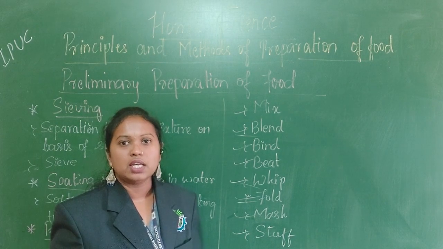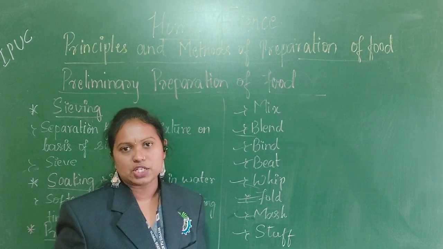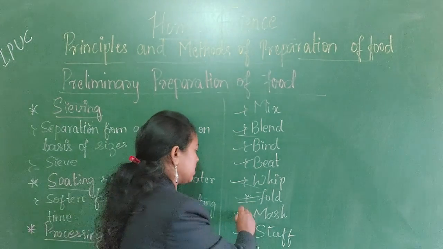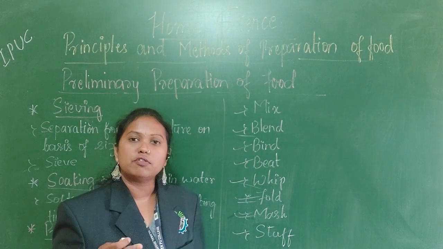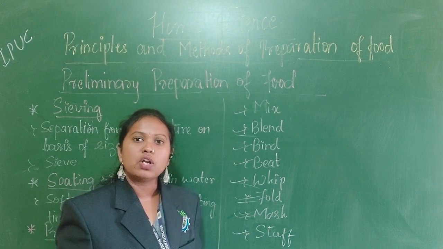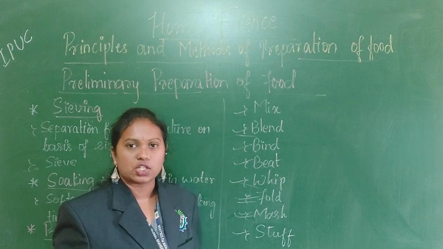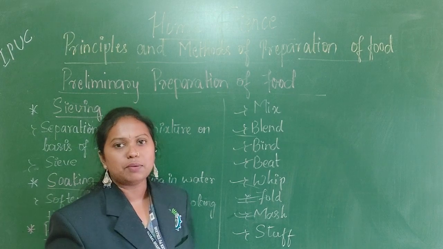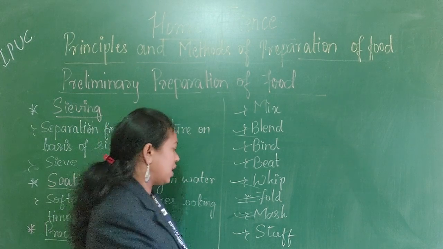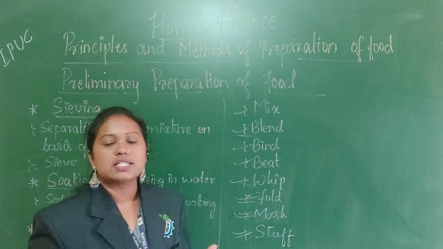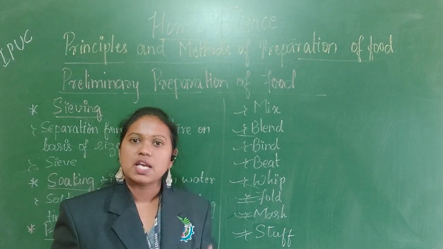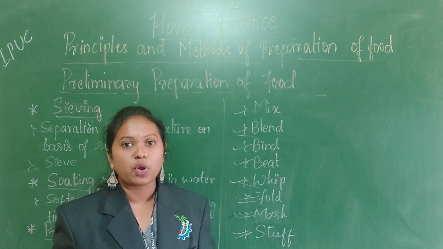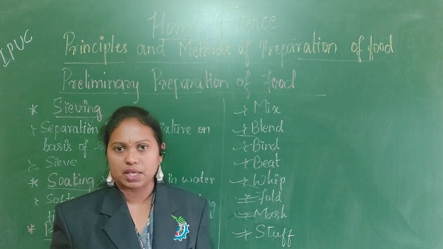Example, egg white in souffle preparation. Next one is the mash, crushing the food into smooth mix or smooth preparation structure. Example is mashing of vegetables in the cutlet preparation. The last one is stuff. Stuff means filling the foodstuffs. Example, stuffing the mashed potatoes in the paratha making.